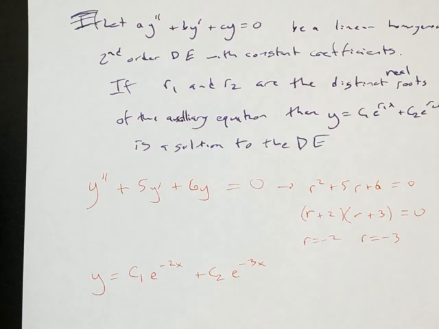I didn't give initial conditions, but if I gave initial conditions, I would need to give two initial conditions. Why would I need to give two initial conditions? My second order differential equation has information about y and y double prime and y prime, whereas my first order differential equations only had y prime and y.